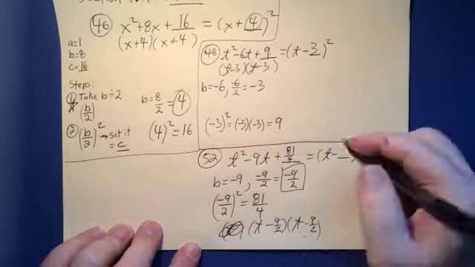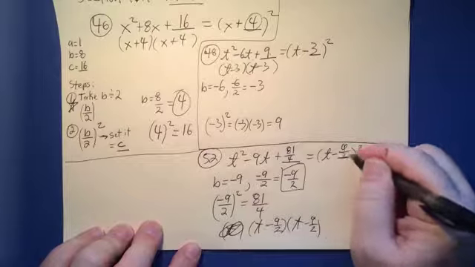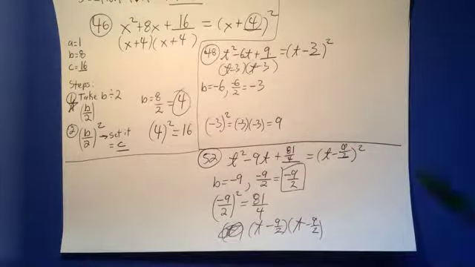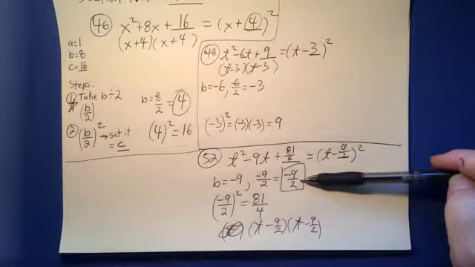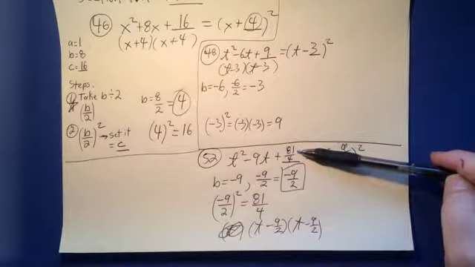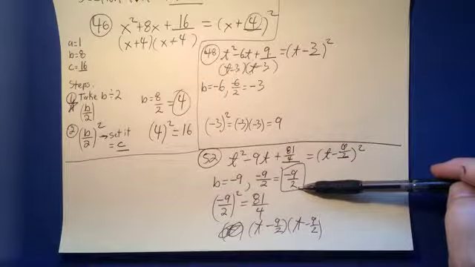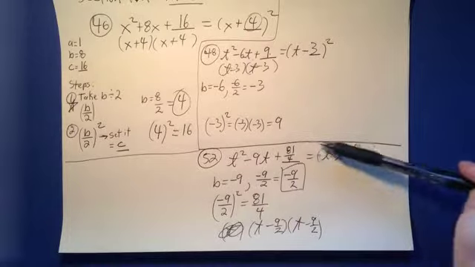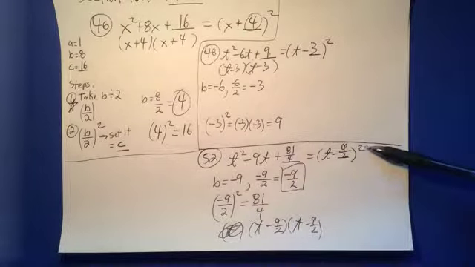And this is going to be t minus 9 over 2 squared. So you don't have to worry about factoring these as long as you can recognize in the first step of getting this number that you put here, you can simply use that number to represent this as t minus 9 over 2 to the second exponent.